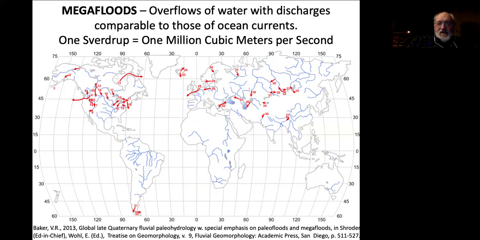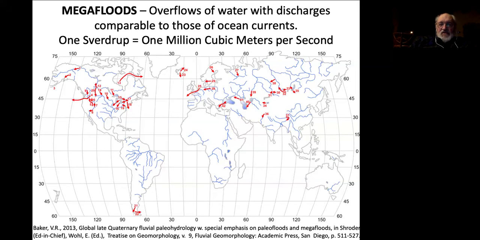Now, just what that means is kind of difficult to imagine. It's a little like astronomical numbers. Just by comparison, the biggest floods of rivers like the Columbia or the Mississippi, which are the biggest rivers we have in North America, and I'm not talking about their normal flow.